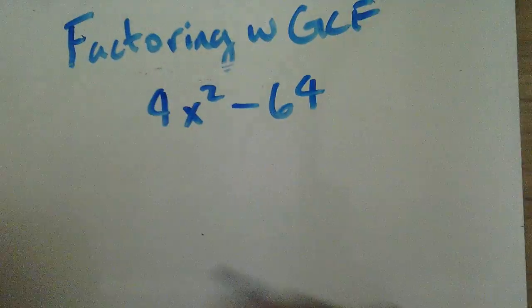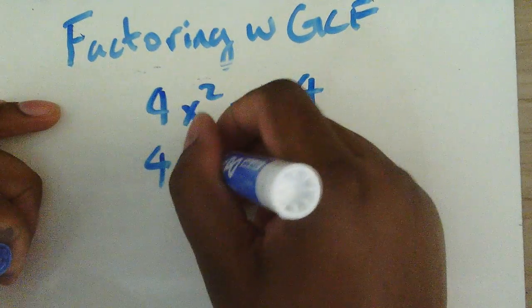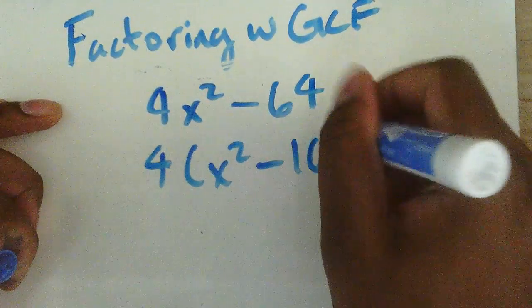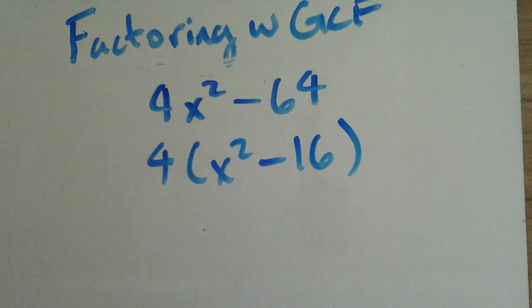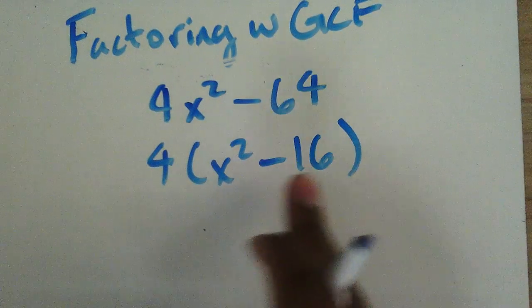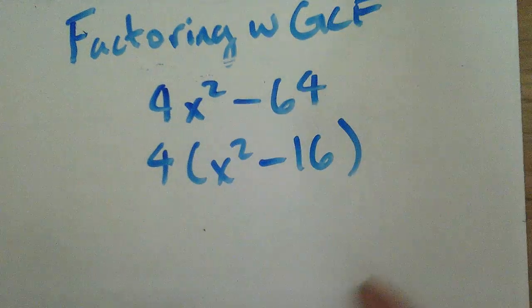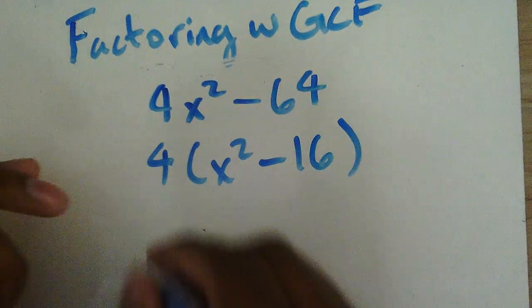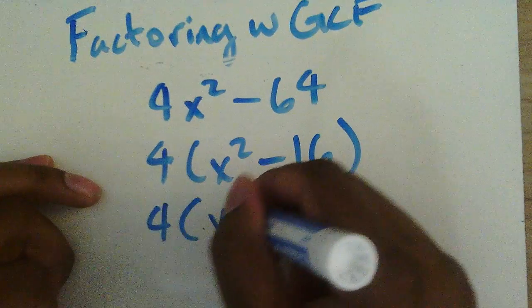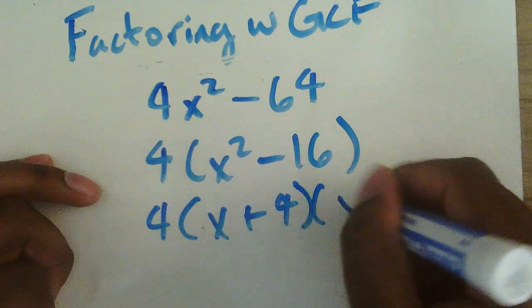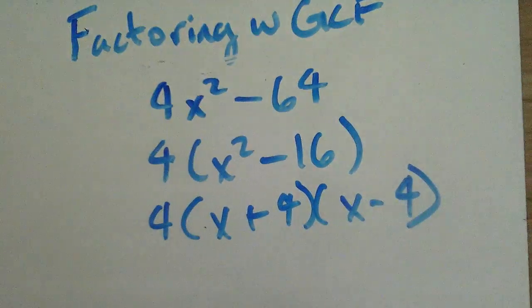A 4, absolutely right. If I factor 4 out, I get x squared minus 16, right? Because 64 divided by 4 is 16. Well, I've got a difference of 2 squares here. I know how to do that. We're going to take the square root of this one, have x plus 4, x minus 4, so we'll have 4 times x plus 4, x minus 4. Awesome.